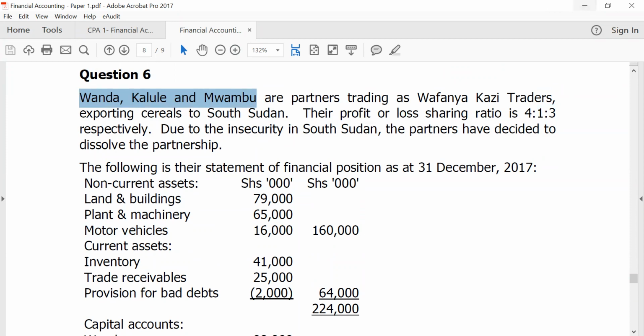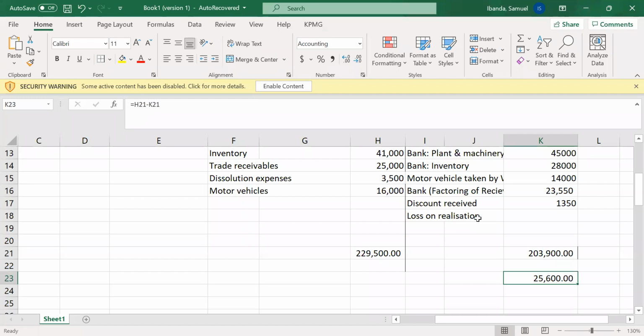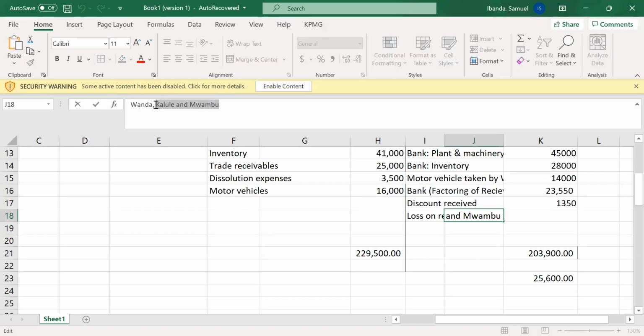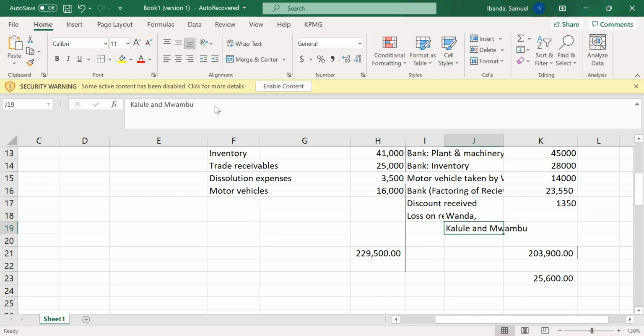So I'll just transfer these names here and then share the respective losses. So Wanda, Kalule, and Mwambo.